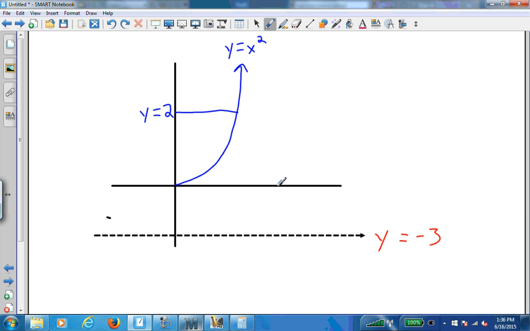So instead of rotating this around the x-axis, we're going to rotate it around this line, which is below the x-axis.